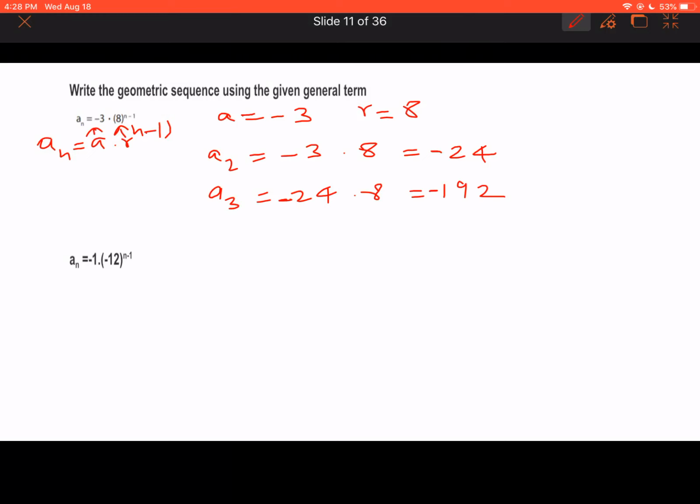So this is going to be the geometric sequence: minus 3, minus 24, minus 192.